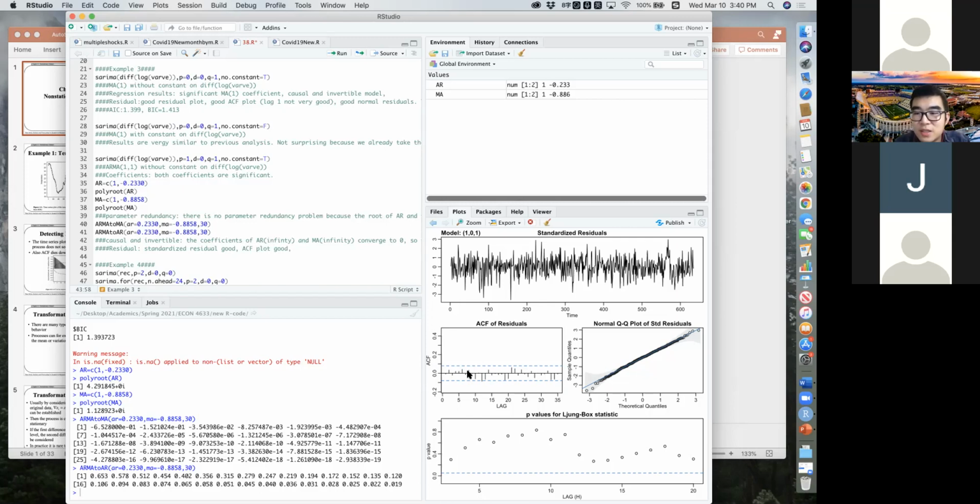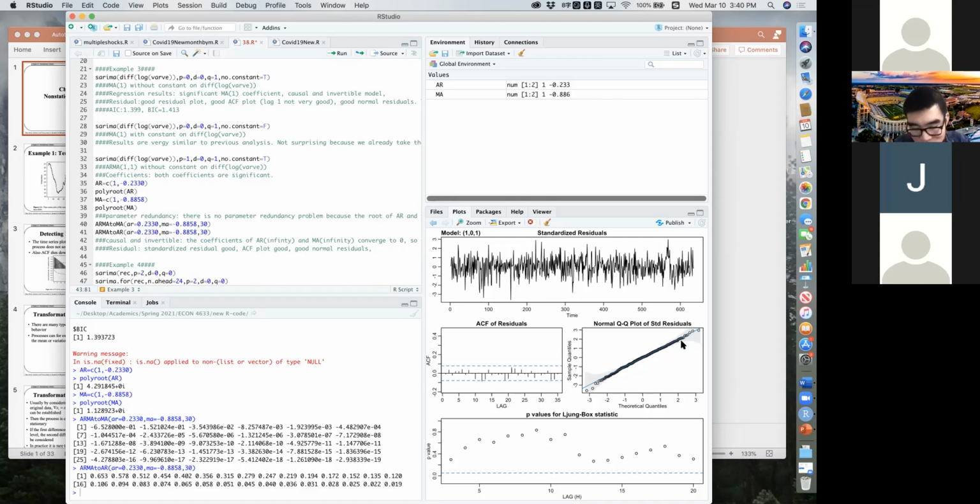Another check is the normal plot, similar to what we had in the earlier model. We still have some outliers here, but the lucky thing is that most of them are within the confidence interval, so the normal residuals are good. Again, as I mentioned, this normality check is not necessary, but many people like it because they like to assume that the white noise follows a normal distribution.